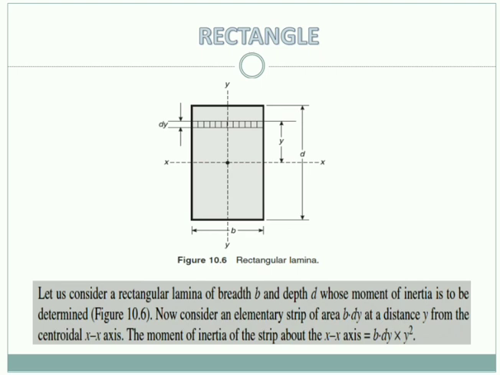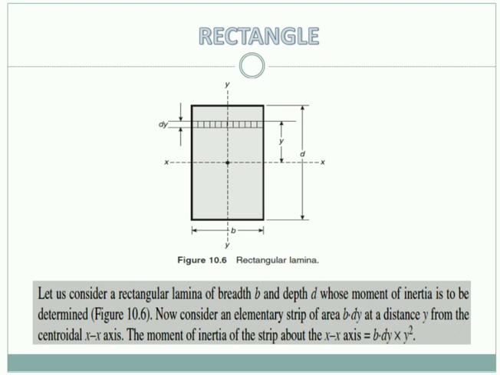So the area of this strip will be b into dy, and as the distance of the strip is y units from the horizontal centroidal axis, the moment of inertia of this strip about xx axis is nothing but area into square of the perpendicular distance. Therefore, moment of inertia of the strip about xx axis is b into dy into y square.